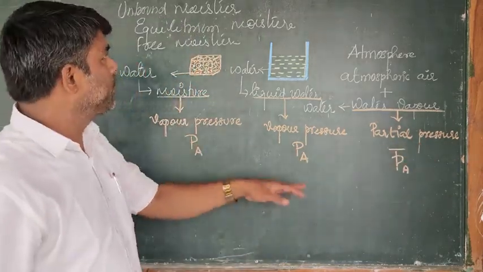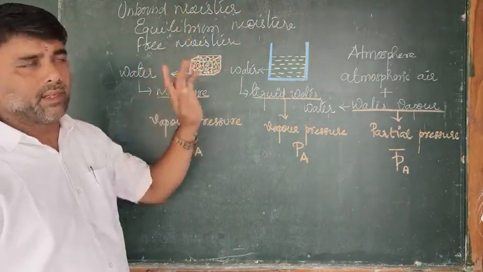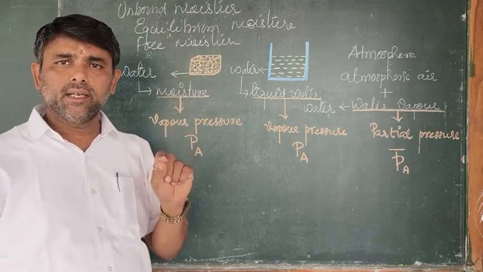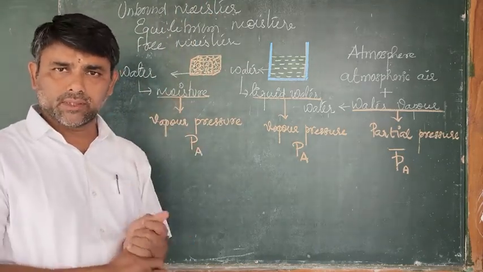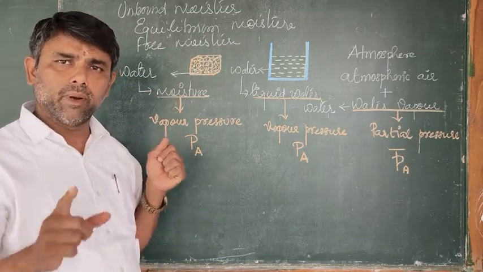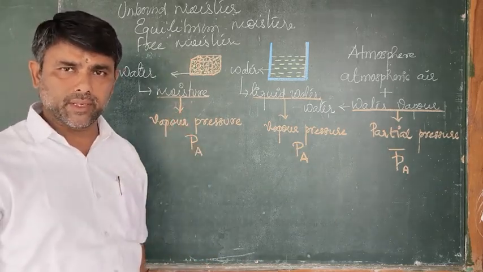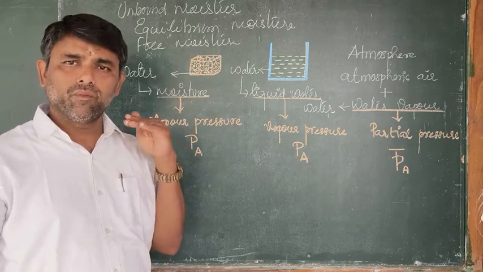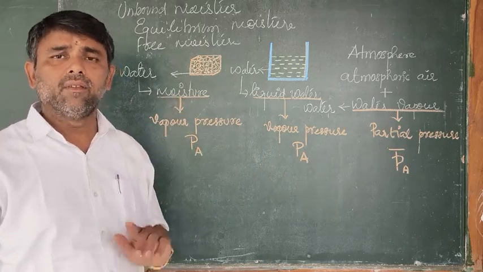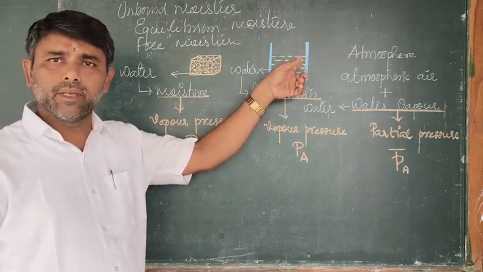Clear? Now I am going to provide a proper definition. Bound moisture. Bound moisture means moisture contained by a substance. Please listen. Moisture contained by the substance exerts an equilibrium vapor pressure which is less than that of vapor pressure of pure water at the same temperature.